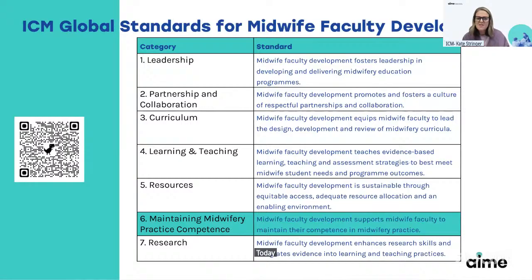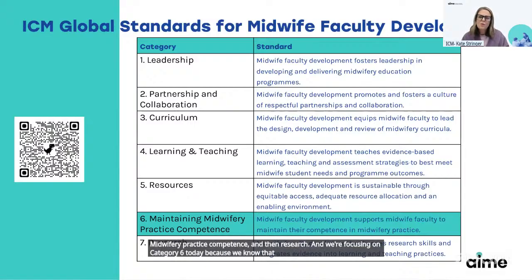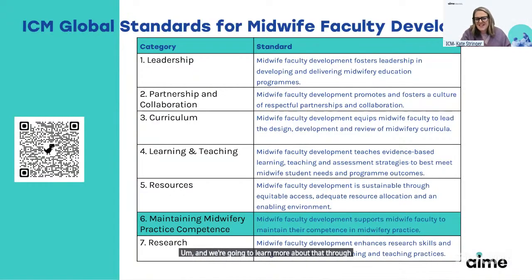Today, we're going to be really focusing on category 6, which is maintaining midwifery practice competence, and then research. We're focusing on category 6 today because we know that it is often one that is very challenging to achieve. It requires personal commitment and innovative solutions. And we're going to learn more about that through the research and our conversations today.